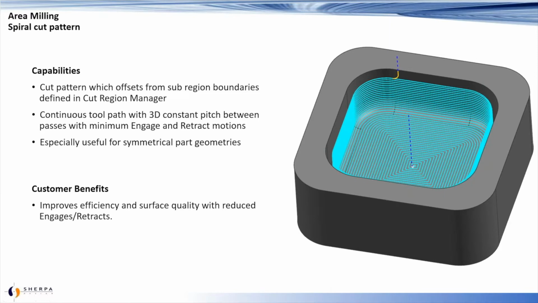And it takes very little manipulation. You don't have to do a lot of clicking. You essentially just click the walls, click the floor, and it just figures it out.